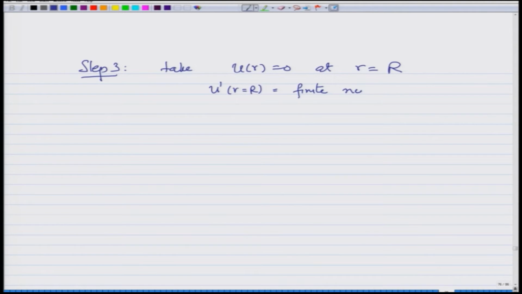Step 3, take u of r to be 0 at r equals capital R, and that is why it is important that capital R be very large, where the wave function essentially vanishes, and take u prime at r equals capital R to be some finite number and start integrating the equation inwards.